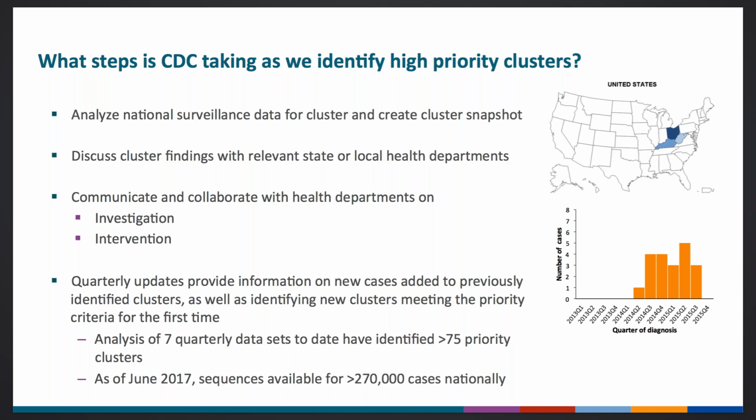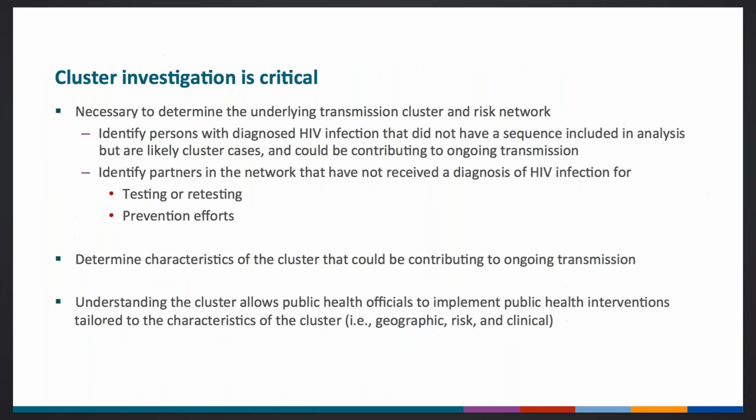So quarterly updates provide information on new cases added to previously identified clusters, and also we identify new clusters meeting the priority criteria for the first time. So we've analyzed data for 7 quarterly data sets so far and identified more than 75 priority clusters. And as of June 2017, sequences were available for more than 270,000 cases nationally. Next slide.